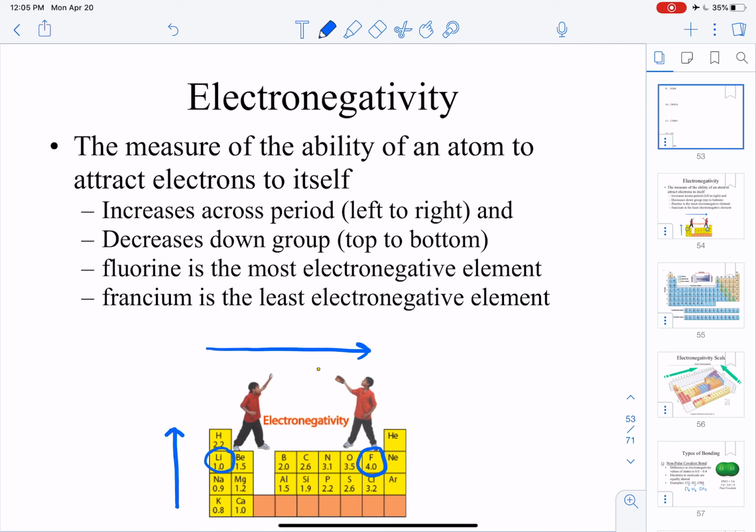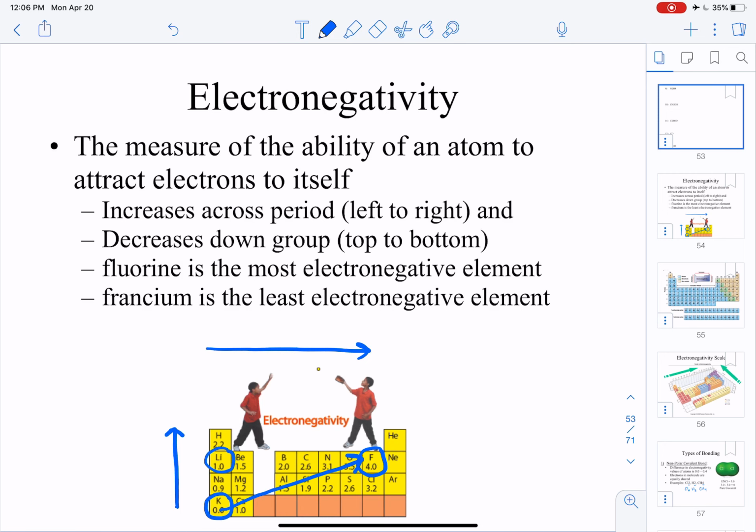So on this picture, potassium is 0.8 and lithium is 1.0. That means that our electronegativity values are very low in the bottom left-hand corner of the periodic table, and they are high in the top right-hand corner if we ignore the noble gases. So you can see how from potassium we go 0.8 to fluorine of 4.0.